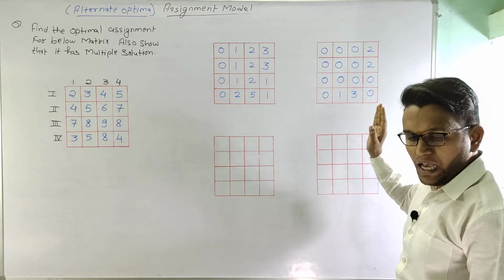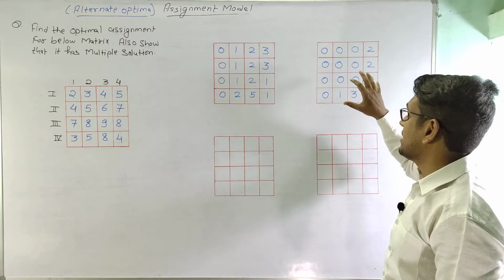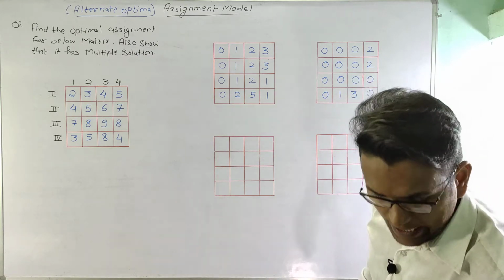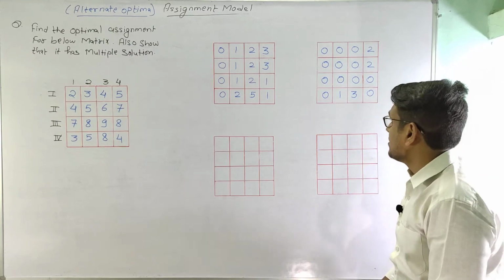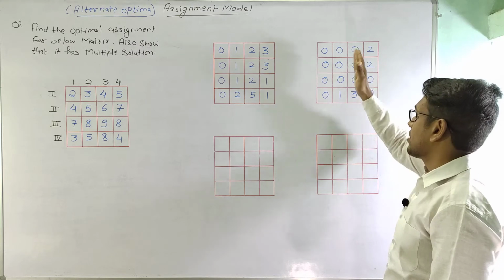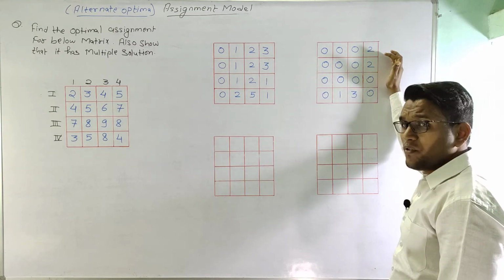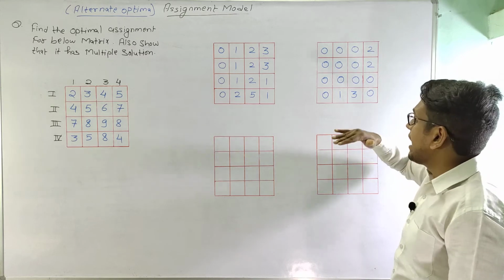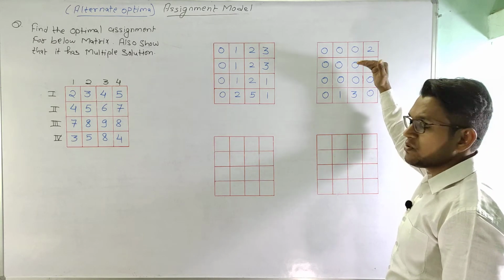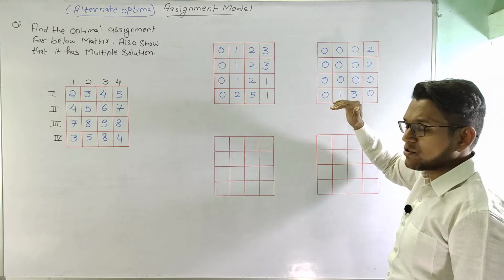So now we have reduced our matrix so that we have at least one zero in each row and in each column. The next step is to make an assignment in this matrix. To make the assignment, first we will assign row wise, then column wise. If there is a single zero in a row, we are going to assign that, and if there is more than one zero, then we will skip this row and move on to the next row.